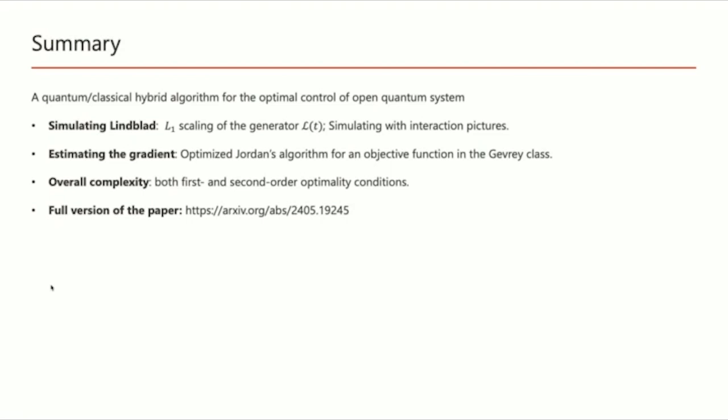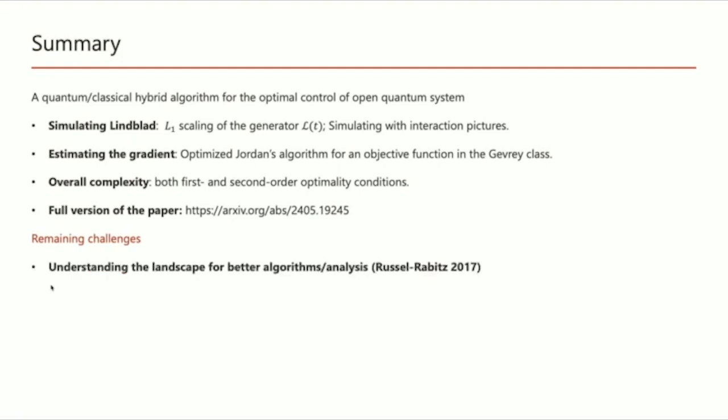Now, we used the gradient estimation algorithm, and the overall complexity considered first and second order optimality conditions. The remaining challenge is that we should have a better understanding of the overall landscape, to develop better algorithms and get better complexity results.